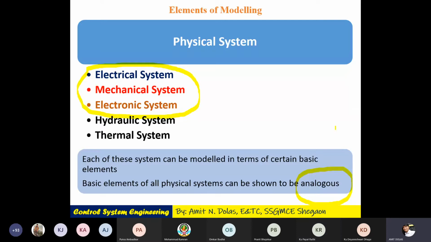Like if we are talking about a flight or aeroplane, aeroplane wings are analogous to a bird's wings, right? Both functions are the same. Though the aeroplane is an automobile or mechanical system, and birds are living things.